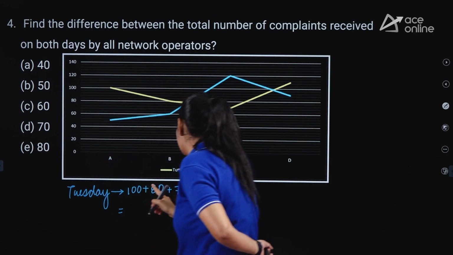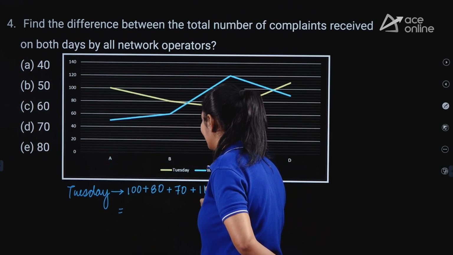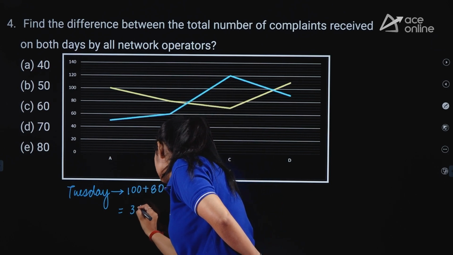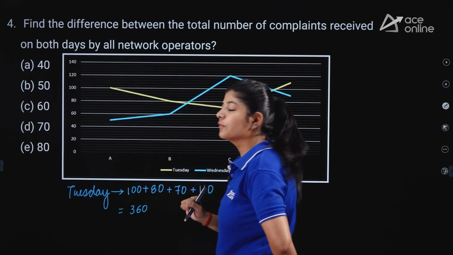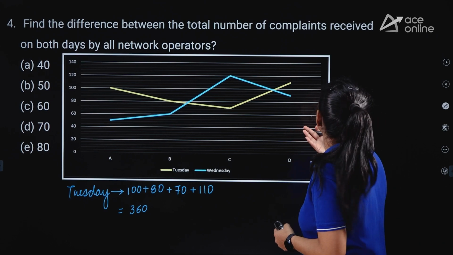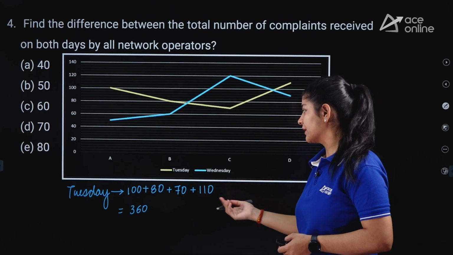Okay. So when I add all these values, I am getting 180 plus 80, that is 260, 260 plus 100, that is 360. So for Tuesday, I am getting the total number of complaints by all the network operators equal to 360.